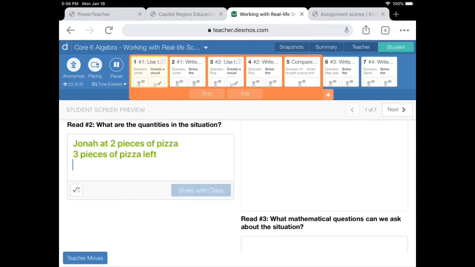And Jonah has 3 friends that he's sharing his pizza with. Which actually means that the total number of people eating pizza is 4.